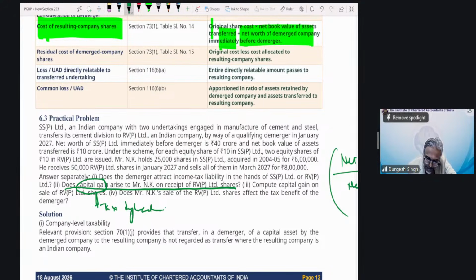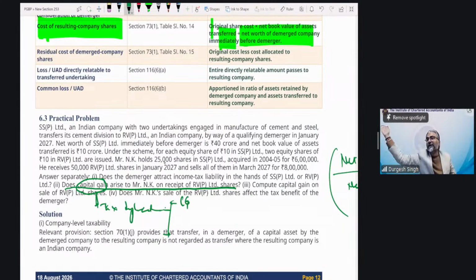So the tax implications, students, you will not only have to say about the capital gains part that you already will say, sir, on receipt of shares of that resulting company or the amalgamated company, that is not a taxable transfer. Okay. That is for capital gains. So because that is not a taxable transfer, therefore no capital gain chargeability will be attracted. But what about the receipt of shares?